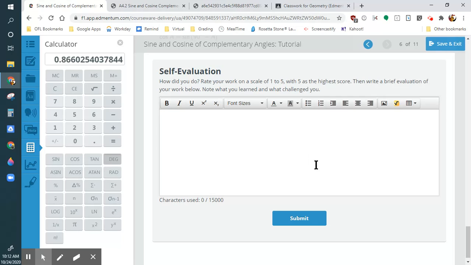Well, I guess for this one, I would give myself a 4. I did not realize they wanted me to use numbers to describe complement angles.